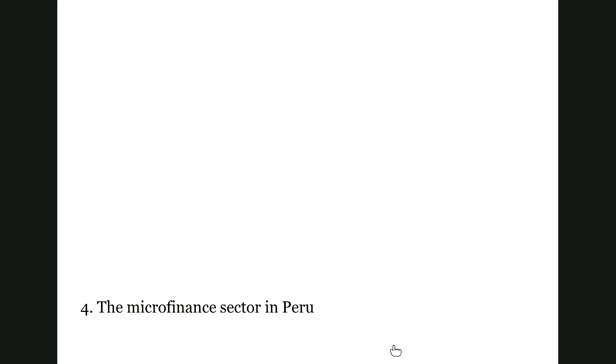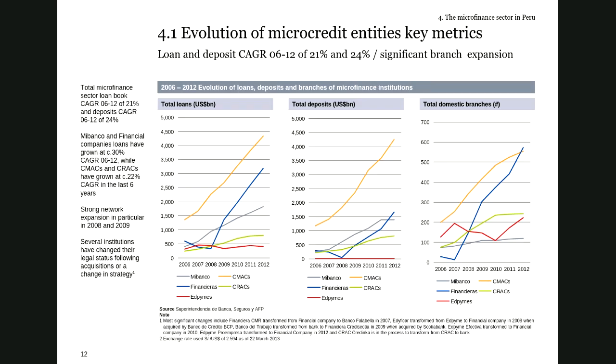What about the microfinance sector? So zooming in. What is the evolution of loans, deposits, and branches for each kind of financial institution? So here you have everything for microcredit. Here we had separate Mi Banco, cajas municipales, financieras, cajas rurales, and pymes, okay?